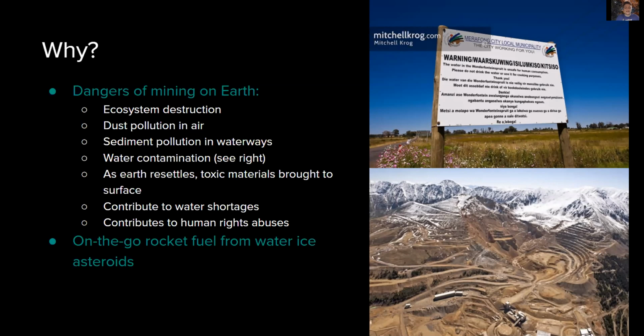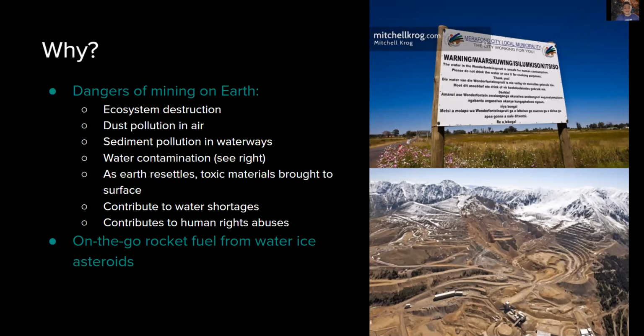And it contributes to human rights abuses, particularly in places in the global south. We'll get into this on the next slide as well. But there's a lot of exploitation that happens to miners because larger, more powerful countries want the materials at a lower cost.